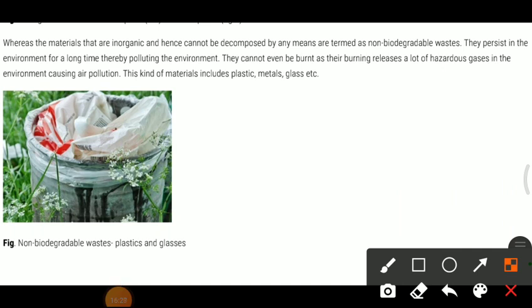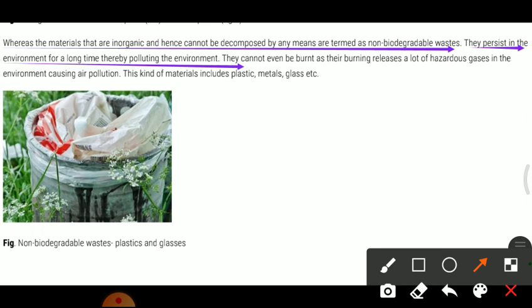Now, non-biodegradable wastes. A material which is not easily decomposed by natural processes is termed non-biodegradable. The materials that are inorganic and hence cannot be decomposed by any means are termed non-biodegradable wastes. They persist in the environment for a long time, thereby polluting the environment.